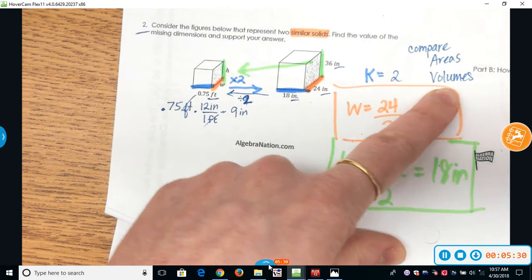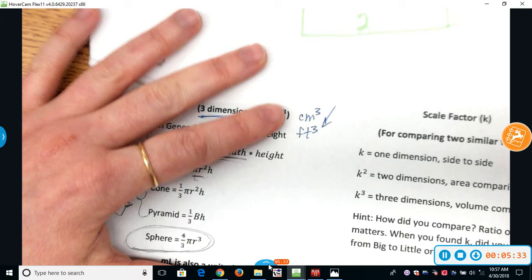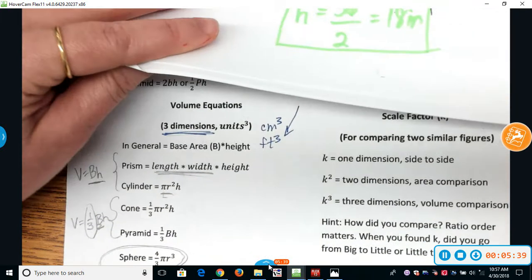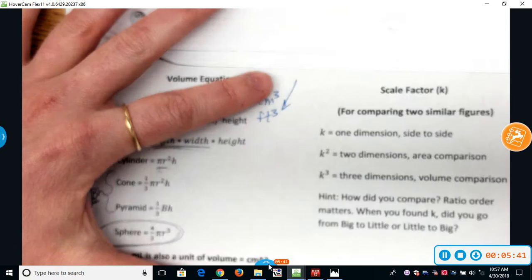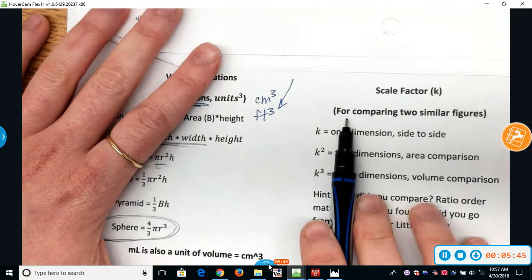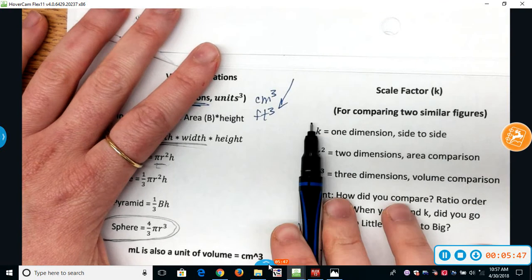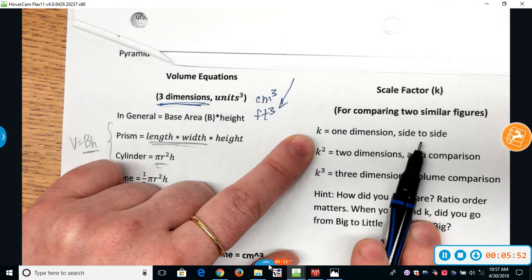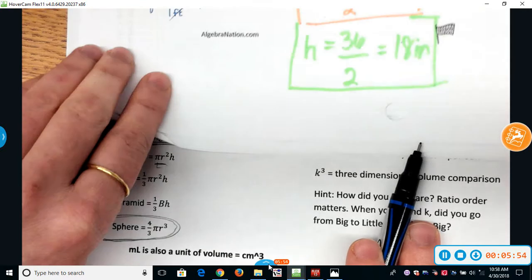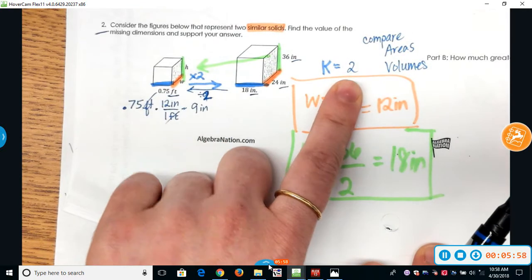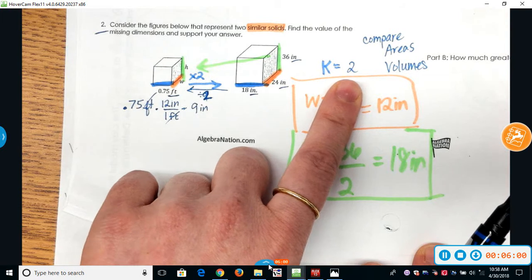Remember I gave you this sweet formula sheet. If you go down to the part that says scale factor, this is for comparing two similar figures. When you're comparing a side to a side, just like we did in this problem, you just use K. K is your scale factor.